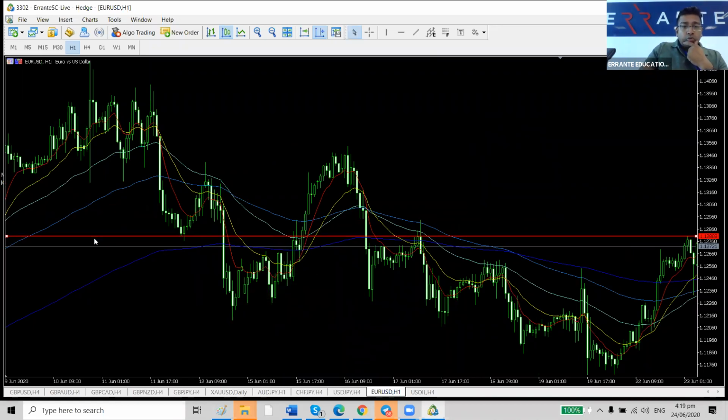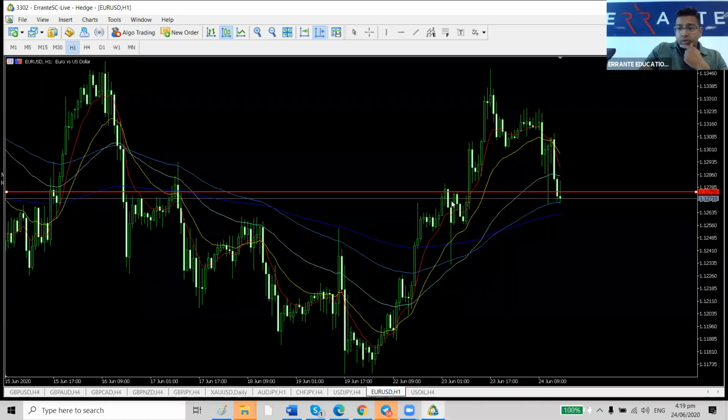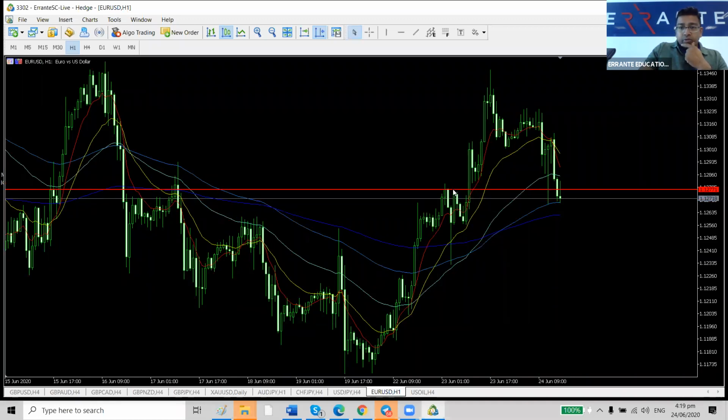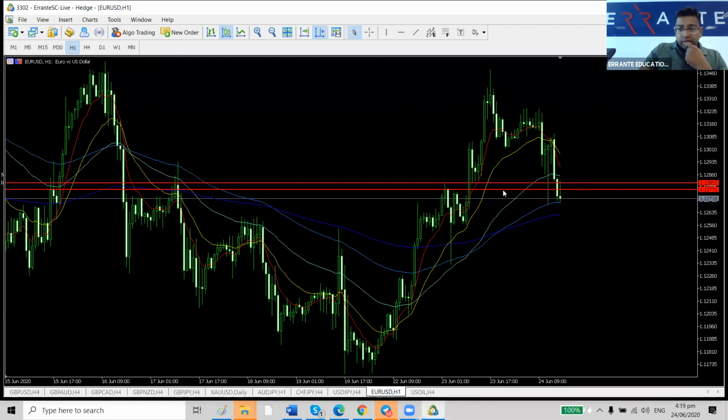Okay, so gold, for example, that is the resistance area. If we are looking at it as a resistance area, it's quite good. Price has already begun to come down, but it went upwards again.